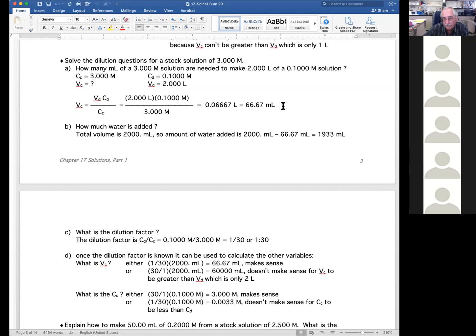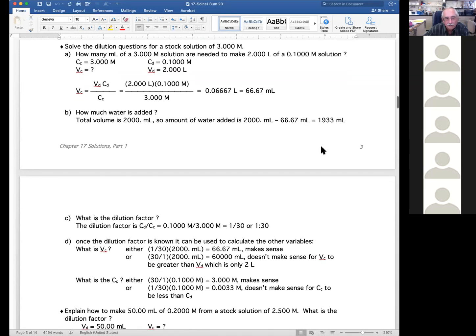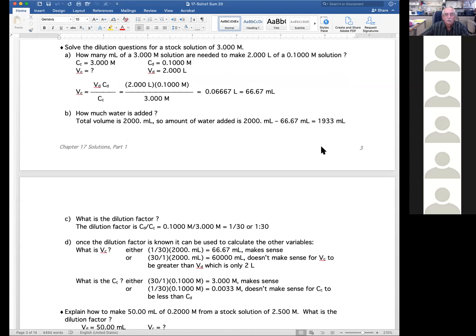How much water did I have to add? There's the answer. What is the dilution factor? Notice that this right here is the dilution factor, isn't it? 0.1 to 3 is the same as 1 to 30. But you can see how you get that.